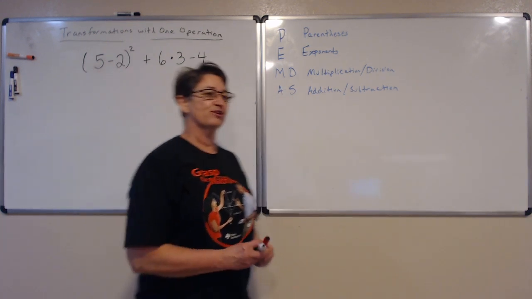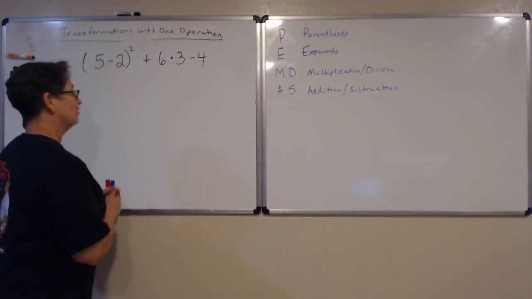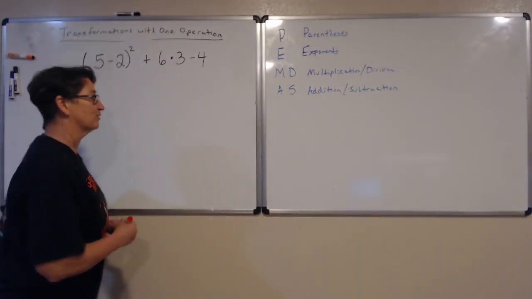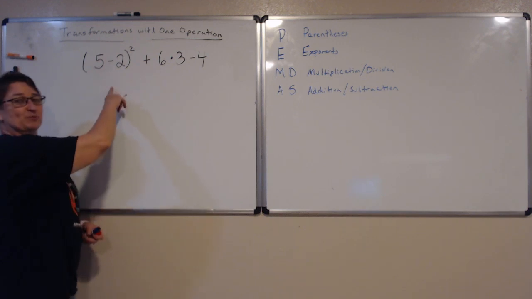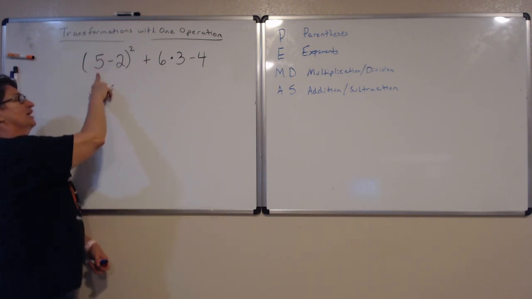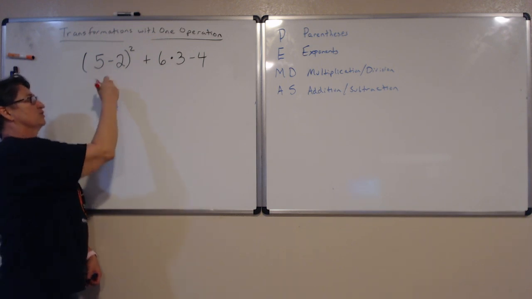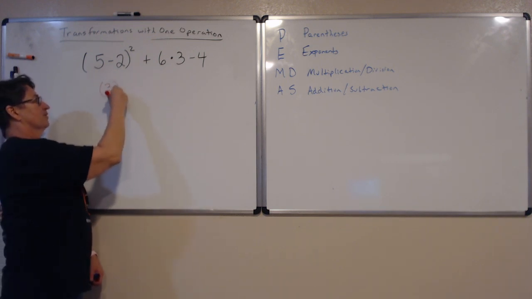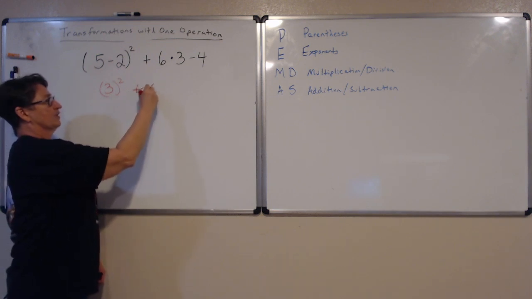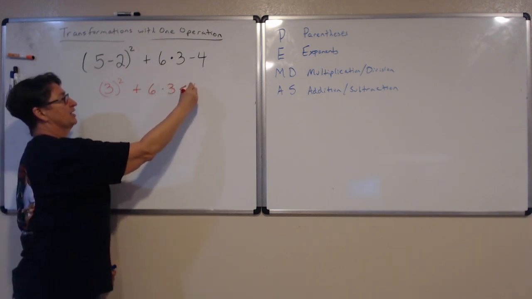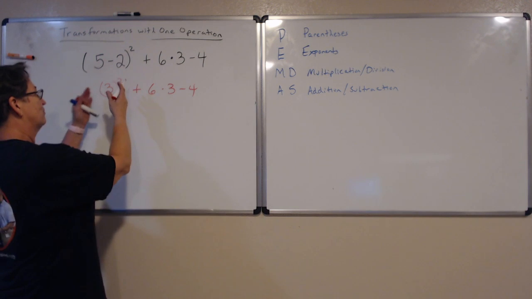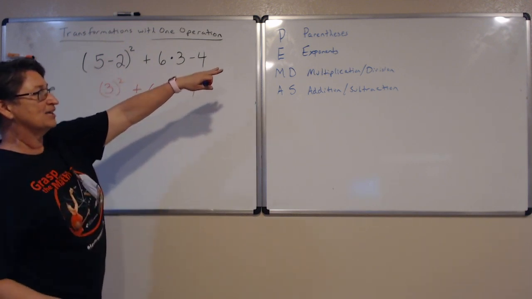Okay, so let's go through this and do it real quick. You got 23, we got two with 23. So let's see if that's what we get. I'm going to do inside my parentheses first. So 5 minus 2 gives me 3. Then after my grouping symbols, I look at my exponents.